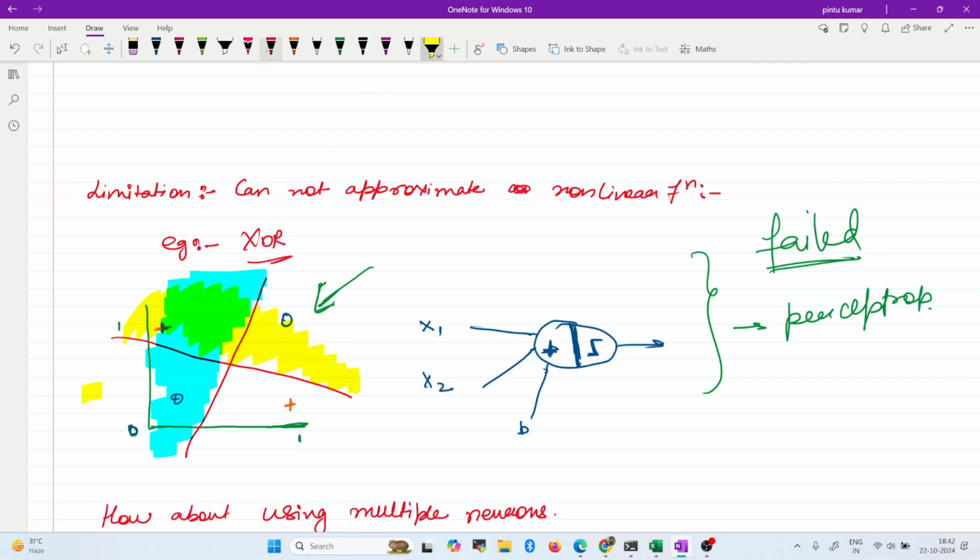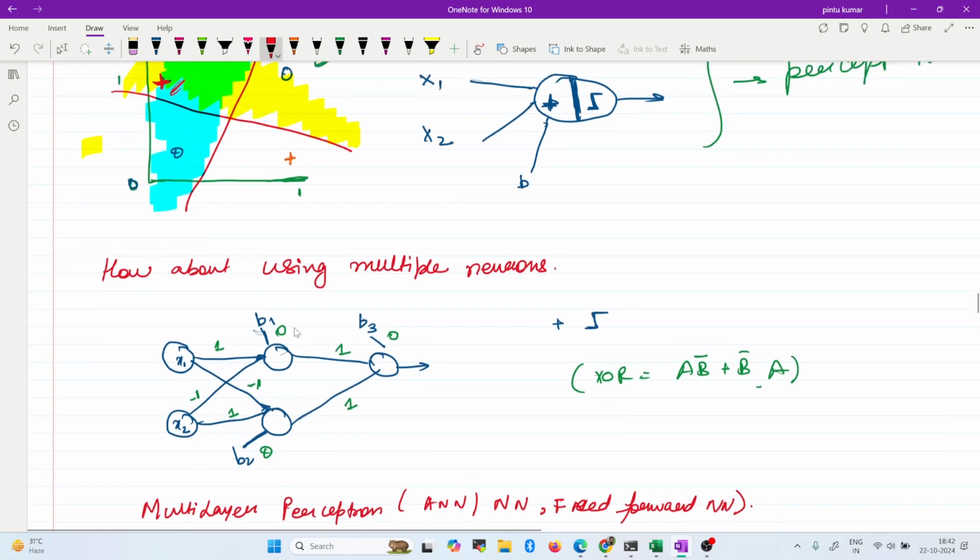So what I'm saying is you can't separate them by just one line, but based on a condition on two lines. If you look at this condition, you can say that if both lines are either positive or both lines are either negative, then you have plus label. Otherwise, you have zero label.